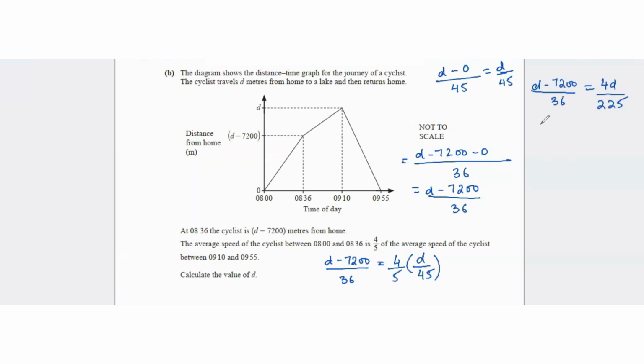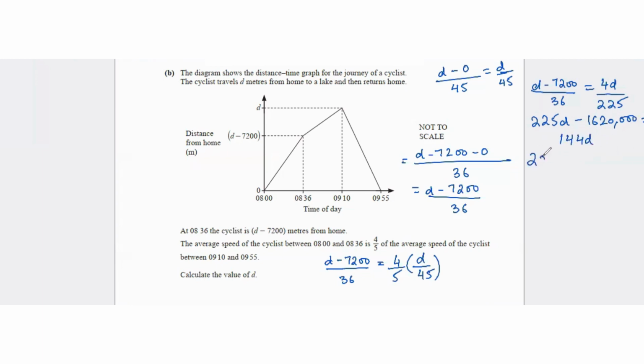Cross multiply, so that's 225d minus a huge value, 1,620,000 equals 36 times 4d, which is 144d.